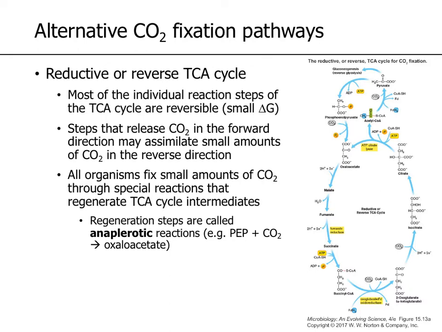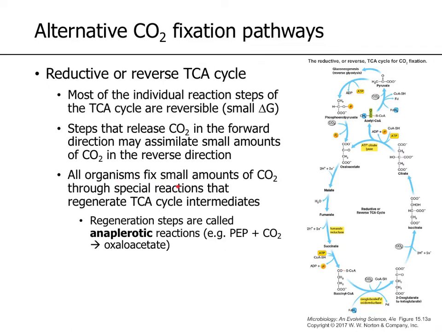If you go back and review, you'll notice that every once in a while the CO2 is coming off. Those may assimilate small amounts of CO2 in the reverse direction. When it's going in the reverse direction, those reactions have to go in reverse, right? So some of that CO2 can be taken back in that way.